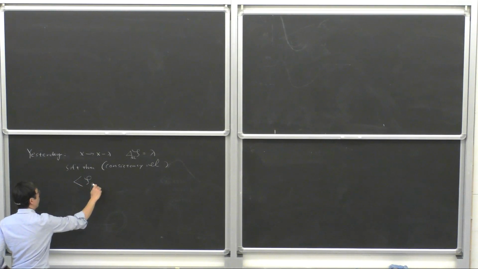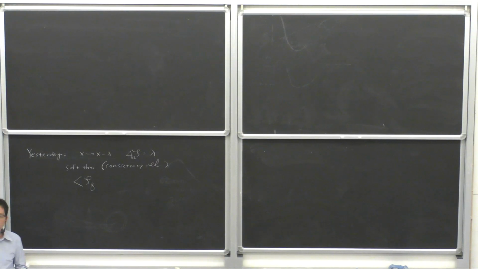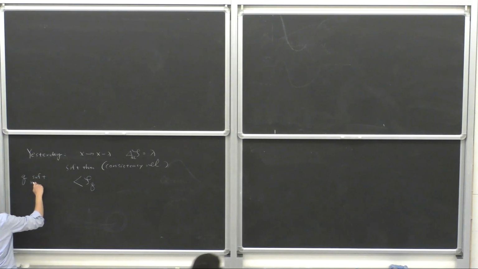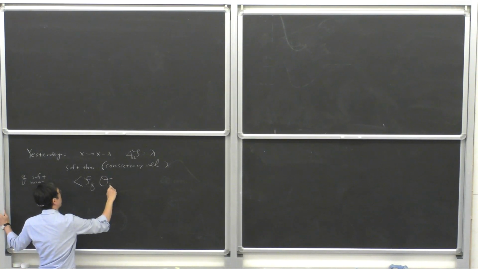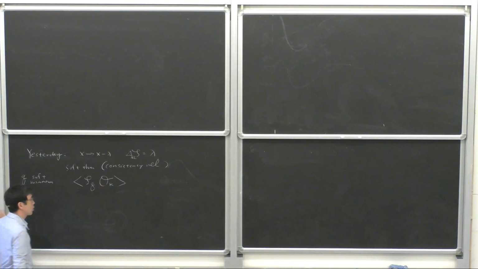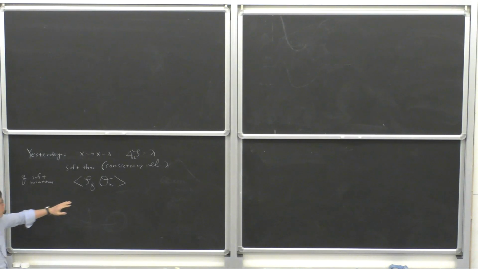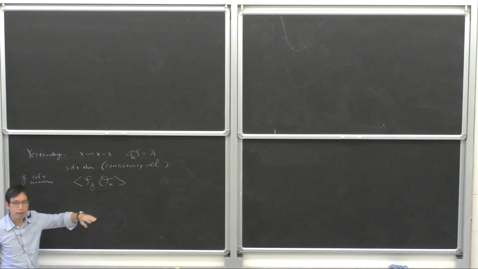From now on, for the rest of today, when I write Q, I mean the soft momentum. So Q is the soft momentum. This kind of correlator, where this O is some observable, and it might have many high K modes.